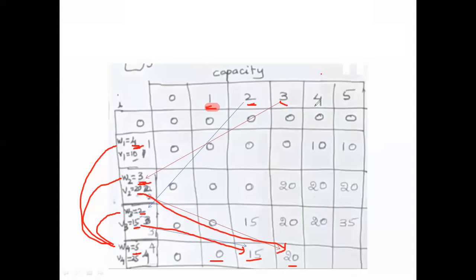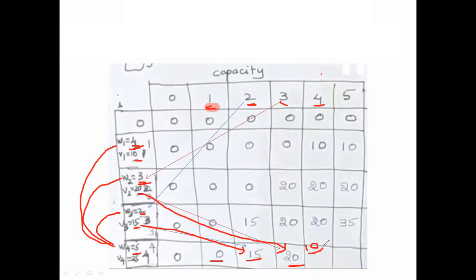Okay, so next one, here 4. Okay, here already a 4 kg capacity bag is there. So if it is 4 kg capacity, then the value is 10. Okay, we cannot write 10 here. Why? What is the reason? We cannot write the same value 10 here because the previous value is 20.